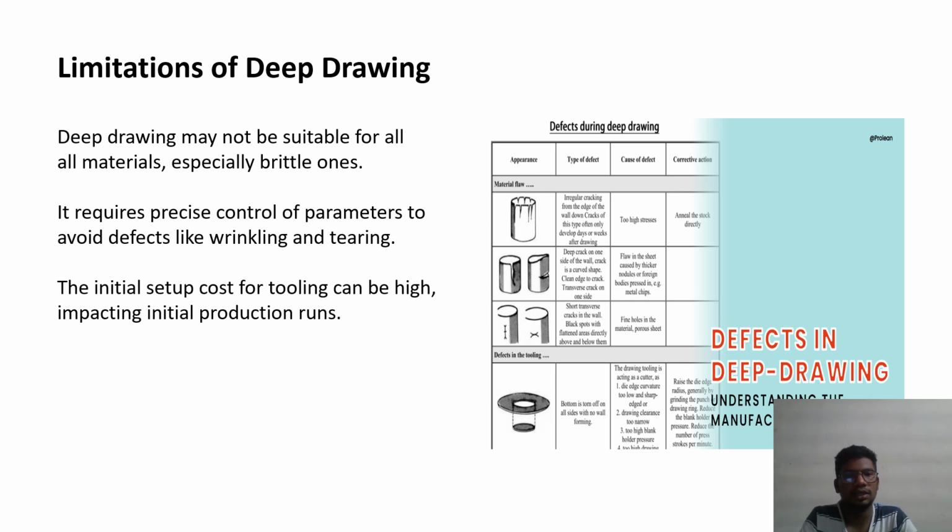The initial setup cost for the tooling can be high, impacting small product runs. You can see the difficulties of deep drawing and the manufacturing on the right side. Difficult materials cannot be done; only limited materials will work precisely in deep drawing.